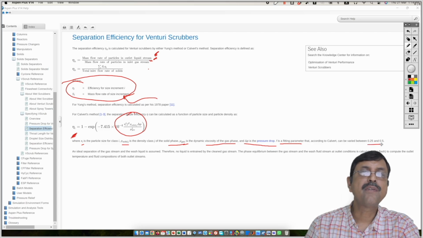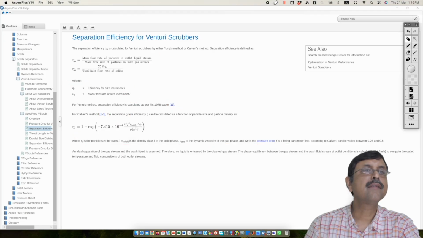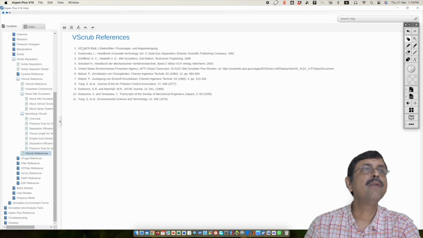That can be varied from 0.25 to 0.5. Now this Calvert method has been given in these two references and Young method is given in this reference. Now you can see these references. If you click over here, it will come. First 1, 2, 3 are the Calvert method and 11 is the Young method. You can refer to these papers to learn it better.